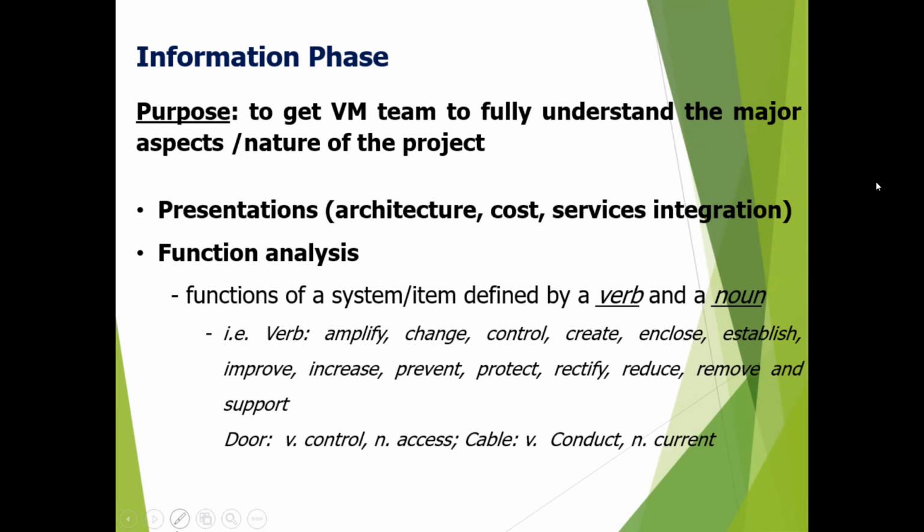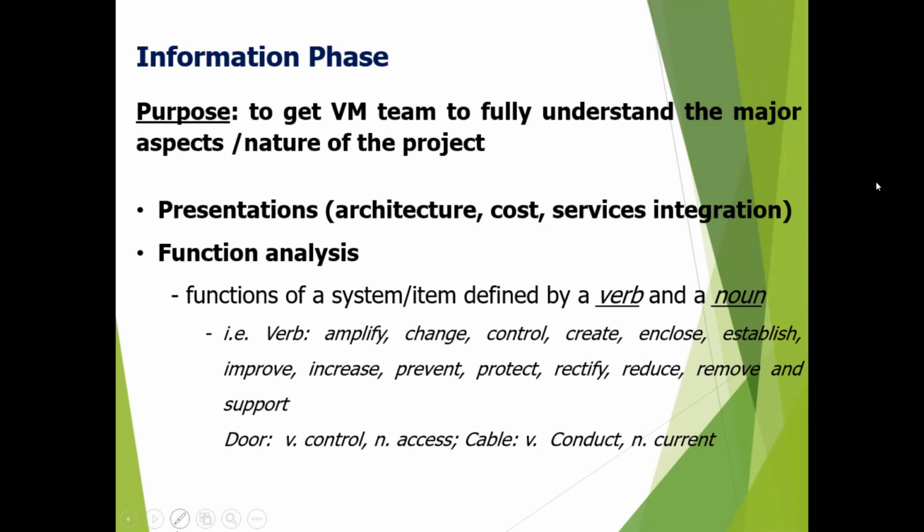So each and every function in detail is analyzed, right? For any possible improvement of the functional performance by getting rid of unwanted functions, right? So how do we analyze functions of a system or item? Usually by a verb and a noun.